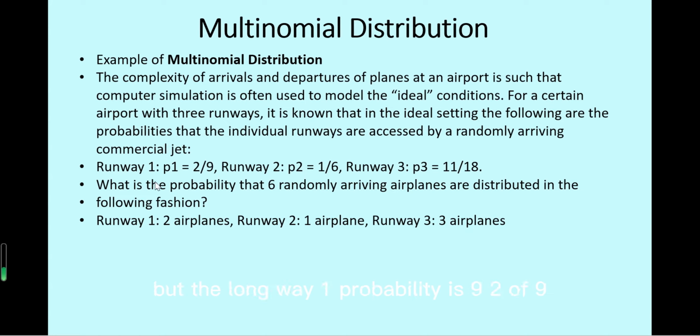For runway 1, the probability is 2 of 9, runway 2 is 1 of 6, and runway 3 is 11 of 18. What is the probability that 6 randomly arriving airplanes are distributed in the following fashion: runway 1 with 2 planes, runway 2 with 1 plane, and runway 3 with 3 planes?